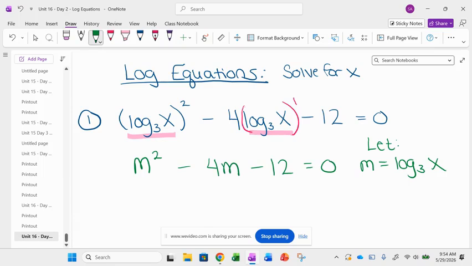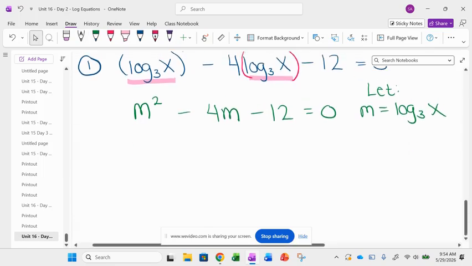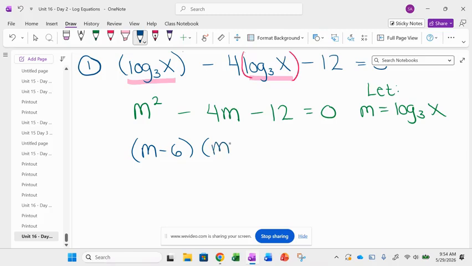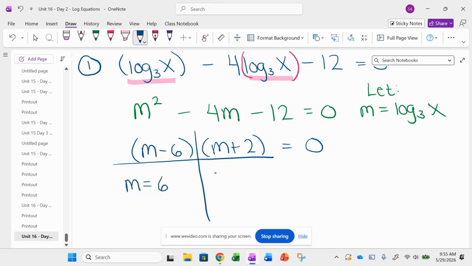And now this looks a lot less intimidating, doesn't it? And we realize we can absolutely factor this. We're going to have an m minus 6 and an m plus 2 equals 0. So when we solve, we're going to get m equals 6, and m equals negative 2.